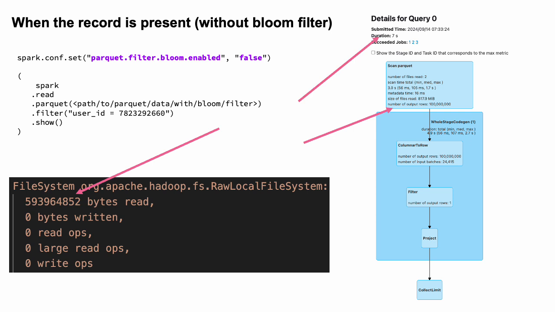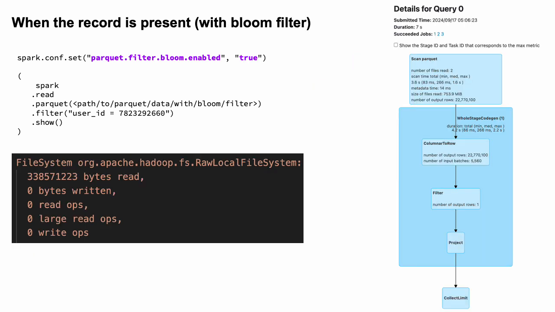It took 7 seconds. But if we enable the Bloom filter and we try to search for this user ID, as you can see, the volume of data which gets scanned becomes much less than 560 megabytes. Now it is close to 300 megabytes. The rows which got materialized were 22.7 million, so savings over there as well.